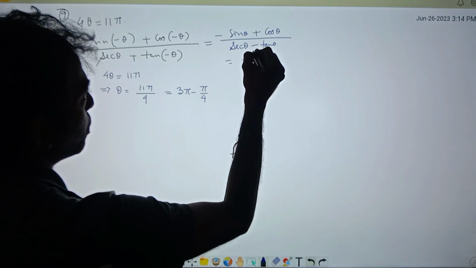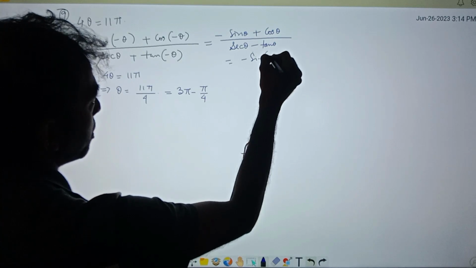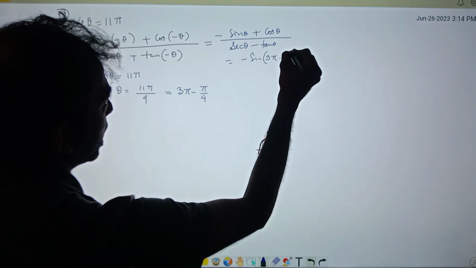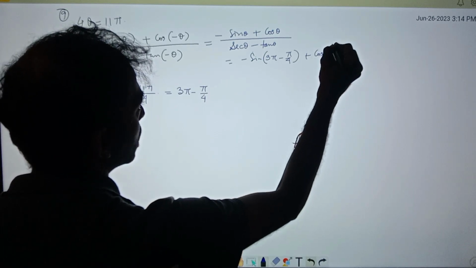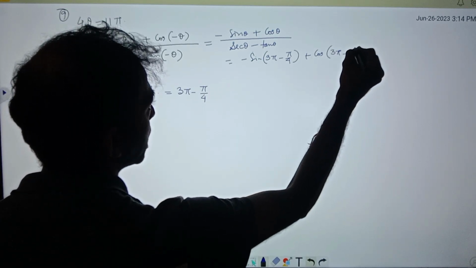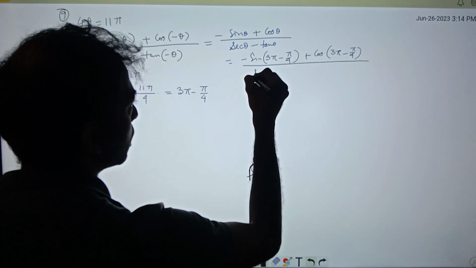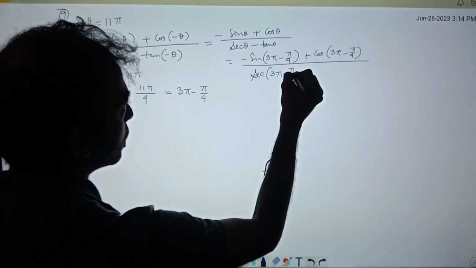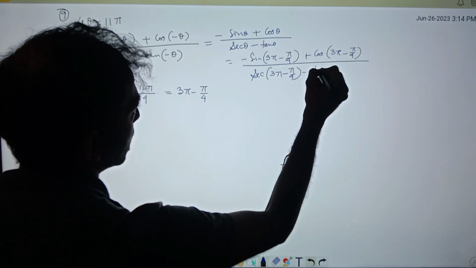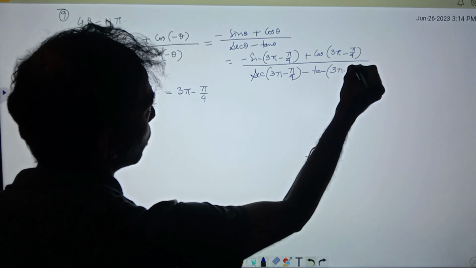So, if you put the value of theta here, that will be sine 3 pi minus pi by 4. And here you will get cos of 3 pi minus pi by 4, divided by sec 3 pi minus pi by 4, and here also the same thing will happen: tan 3 pi minus pi by 4.